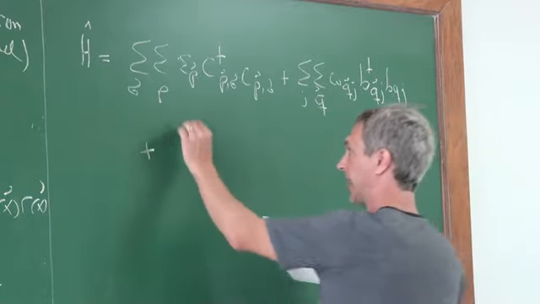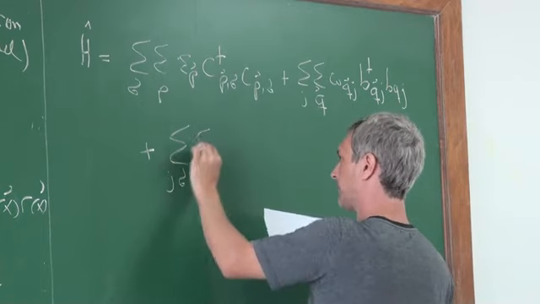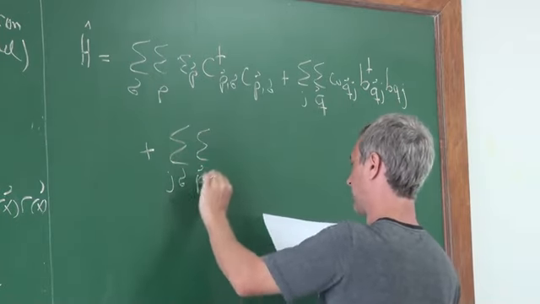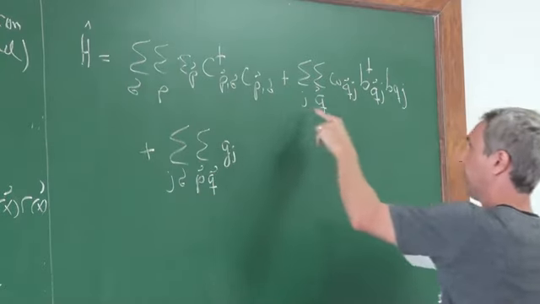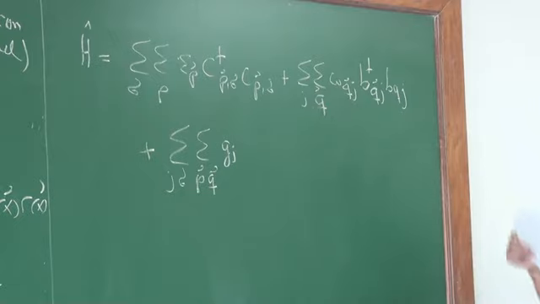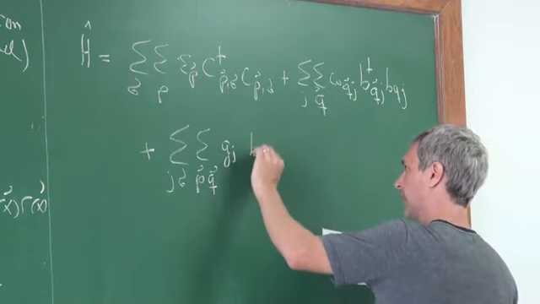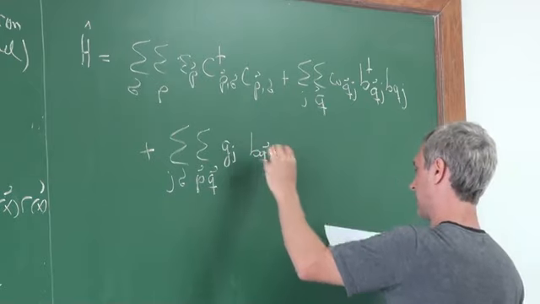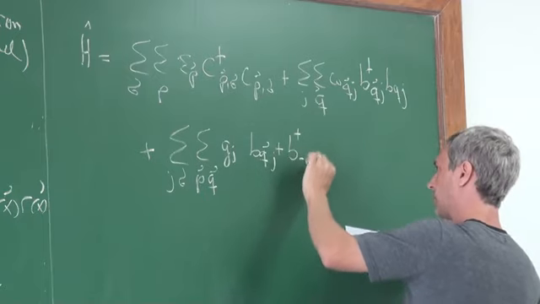And then you have some interaction between them, so some coupling, which can be of this form here. So you have some coupling constant for J's degree of freedom. J can be some number 1 to n in different phonon modes. This is a coupling constant for J's phonon mode.